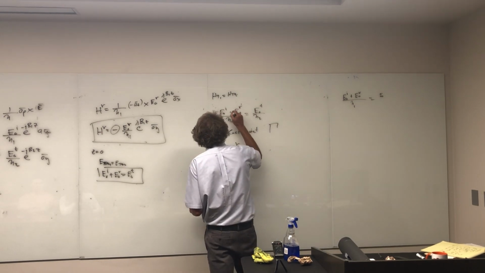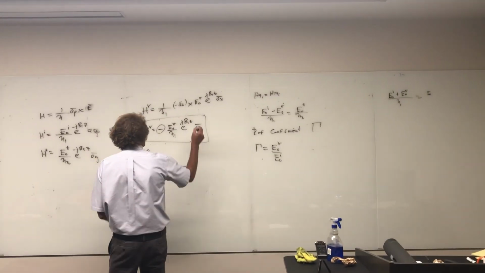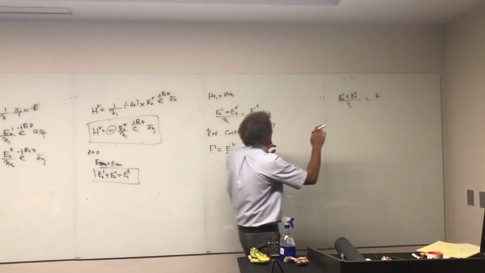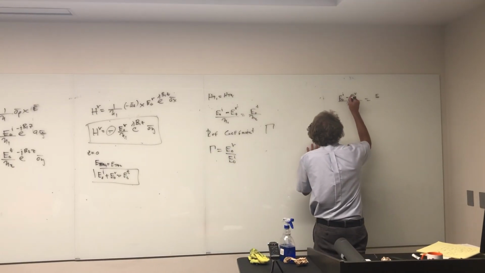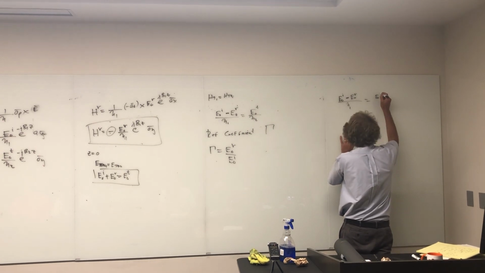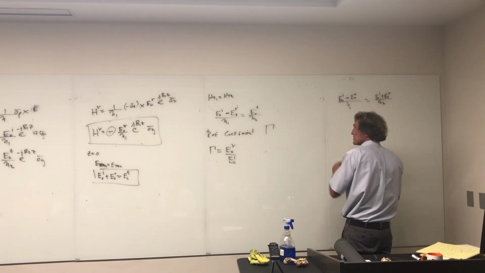Sorry, this is actually a minus sign, right? There's a minus sign there. I missed that. So this is going to be actually this. Running out of time. And this is E naught incident plus E naught reflected over eta 2. Just listen to me now.